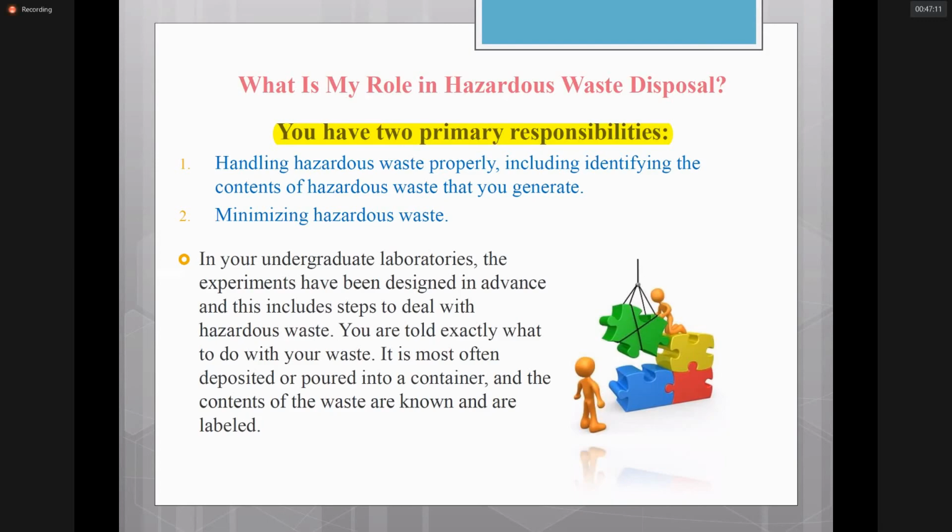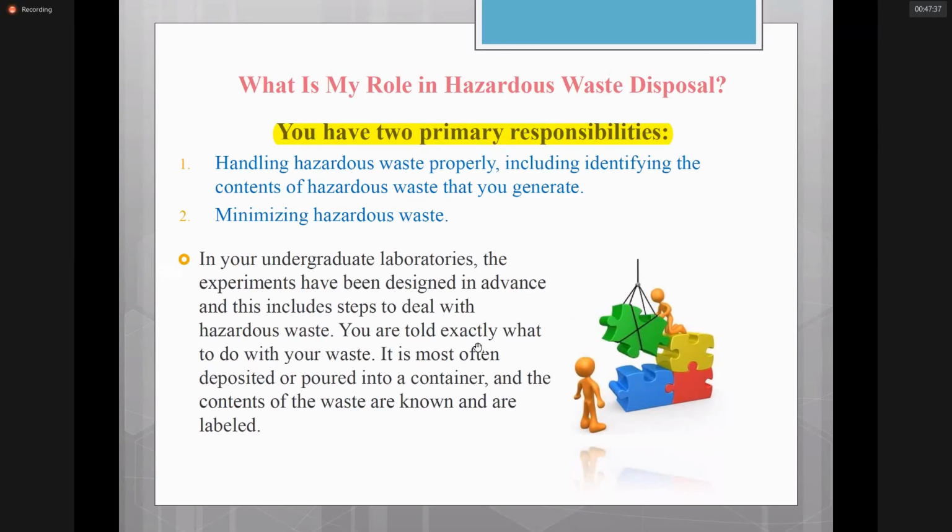So what's our responsibility as an undergraduate chemist in this introductory laboratory? In experiments that have been designed in advance to include steps to deal with hazardous waste, you are told exactly what to do with your waste.